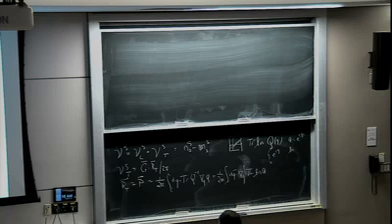We start off with a unit cell that looks like this, and I'm going to assign a charge plus 2 to each of the sites, and a charge minus 1 to each of the bonds. And that gives me charge 0.